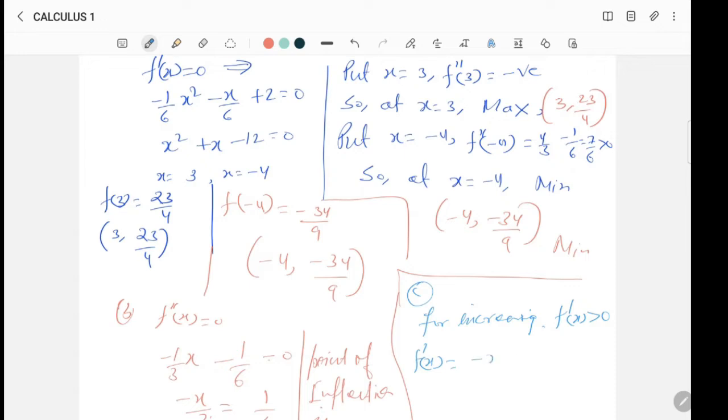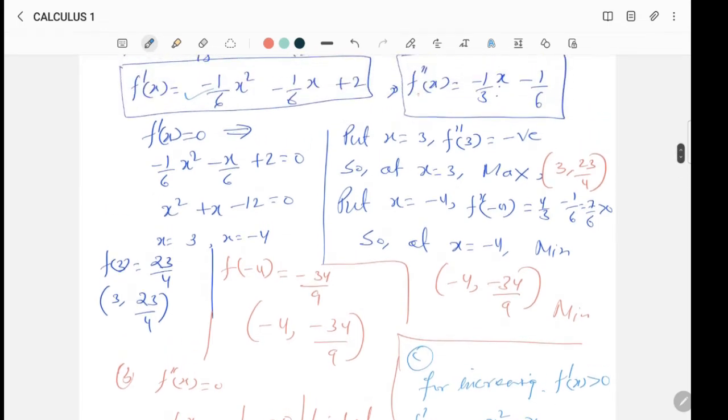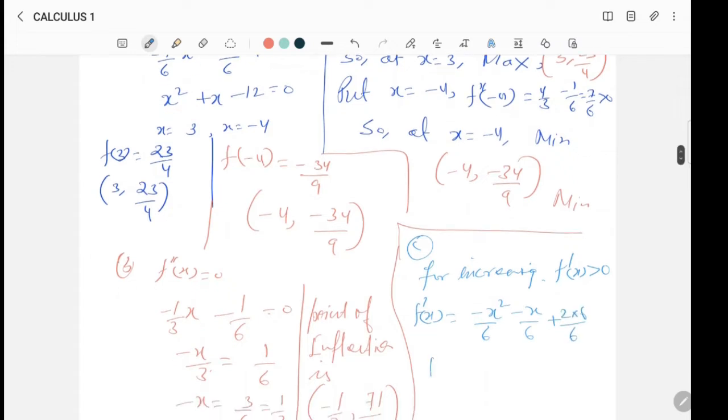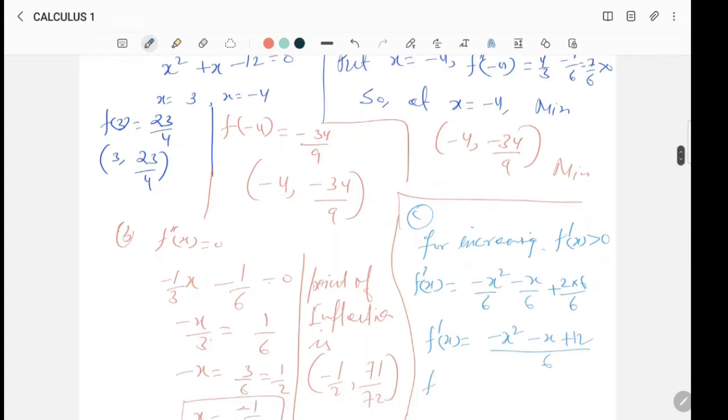So f dash x is minus x square over 6 minus x over 6 plus 2. We can write 2 as 2 times 6 over 6. So f dash x I got is minus x square minus x plus 12 over 6. Taking minus 1 over 6 common, we get x square plus x minus 12.